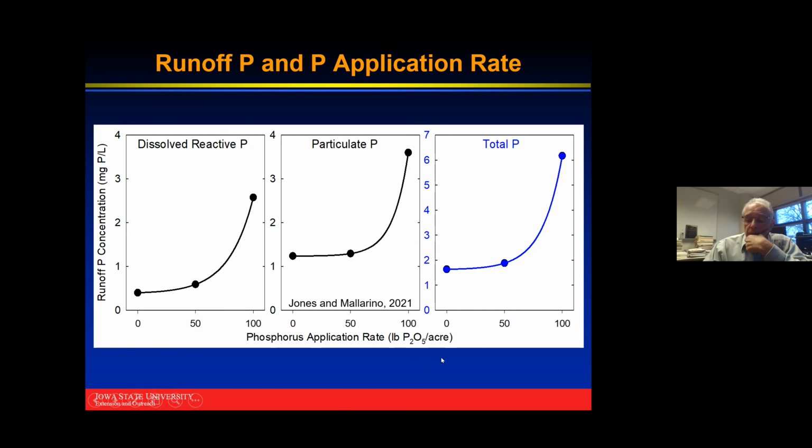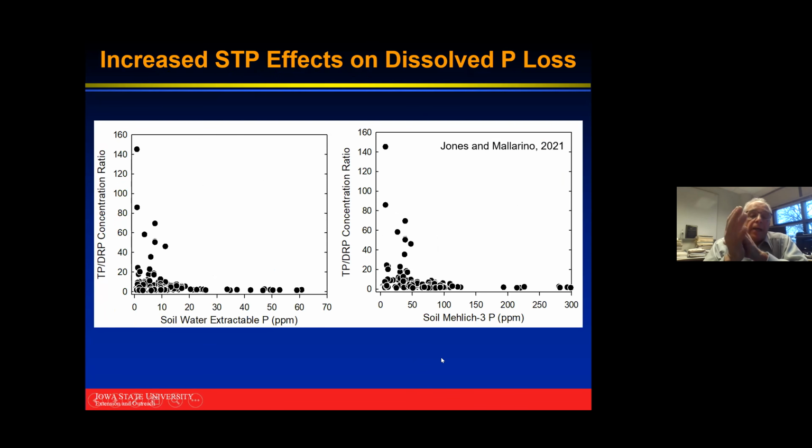This is concentration. Okay, another thing that happened, which is better shown in this graph, is that when we have high soil test P levels, usually much of the P loss is dissolved P, okay?